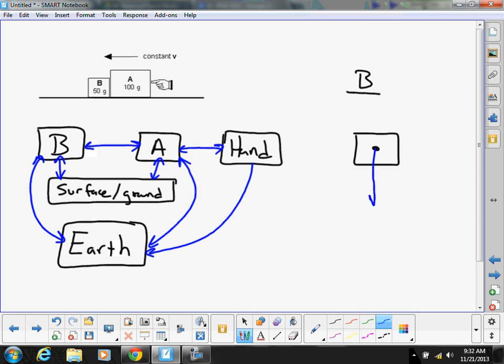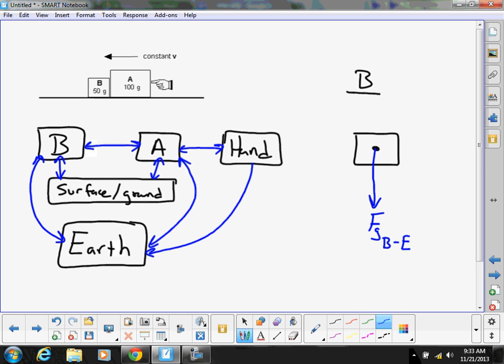That would be a force of gravity on block B by the Earth. Now you'll notice that I'm using little shorthand notations this time instead of writing it all out. You can do that if you want to. Otherwise, as you're practicing, if you want to continue using the full written out words, that's also suggestible.